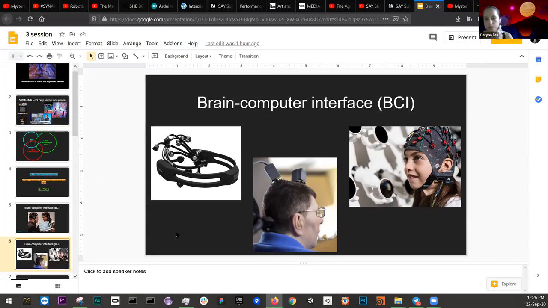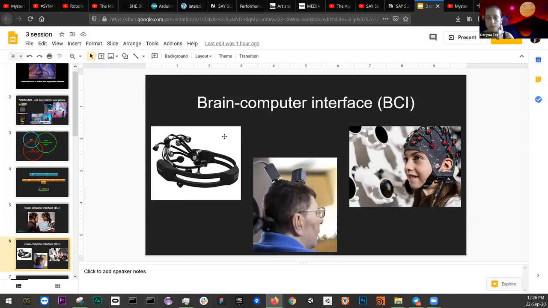These interfaces, as was said in the video, could be implanted, but they can also be non-invasive. They can be sensors put on your head, and could even be very portable. Of course, some simple versions won't give you a lot of information, but there are still devices available to buy.